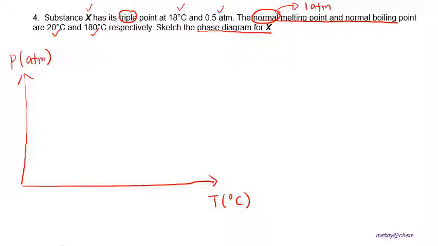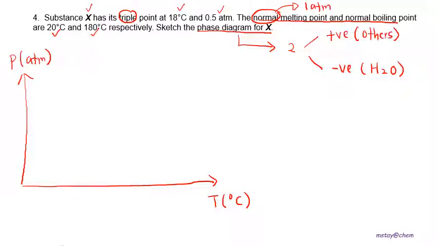Then we will continue with 3 lines, which represent the separation between the solid, liquid, and gas. So as we know, there are 2 types of phase diagram. One has a positive slope, and the other has a negative slope. Negative slope is a special case for water, H2O. Others will have a positive slope.